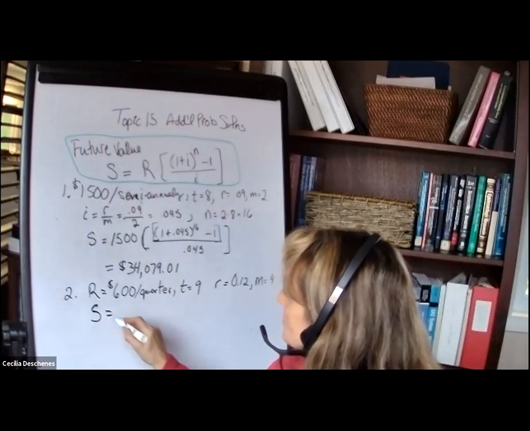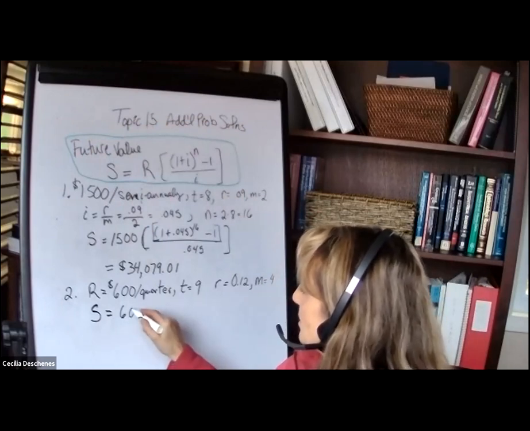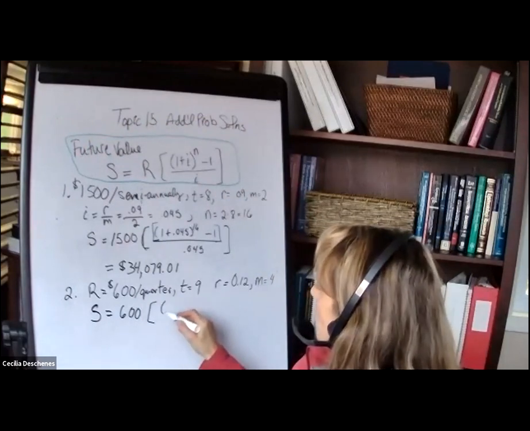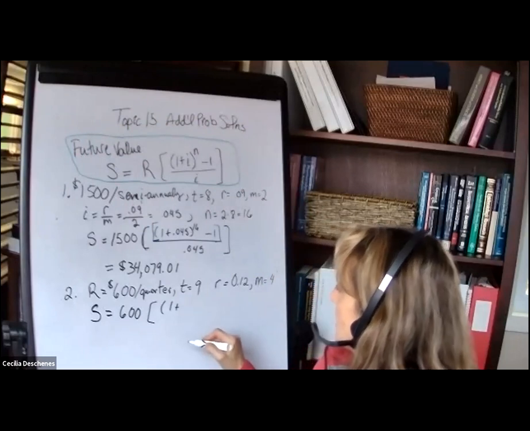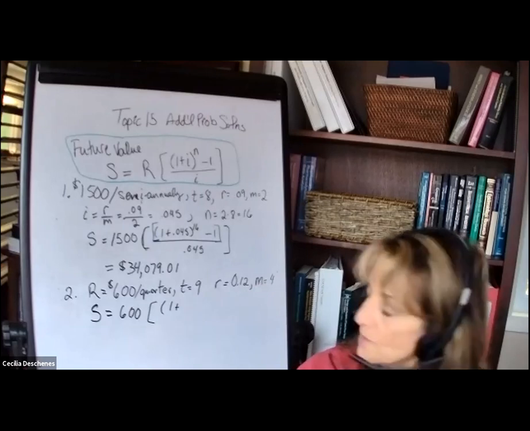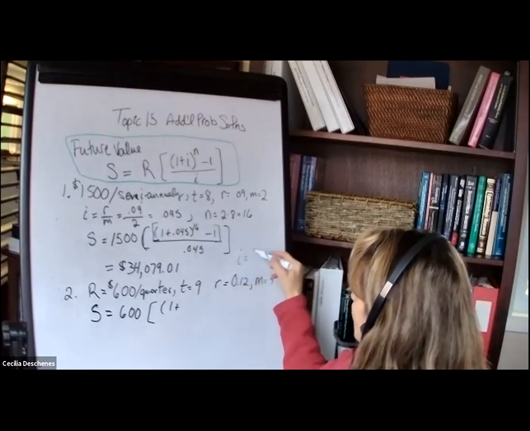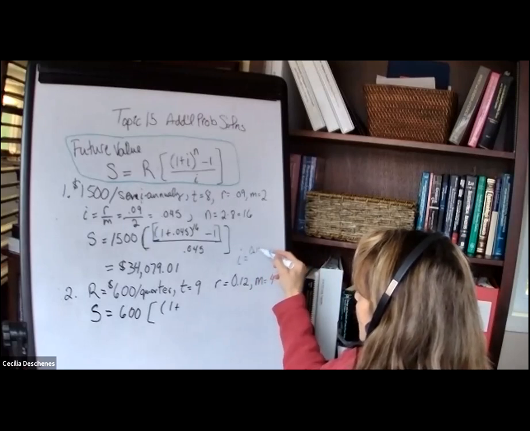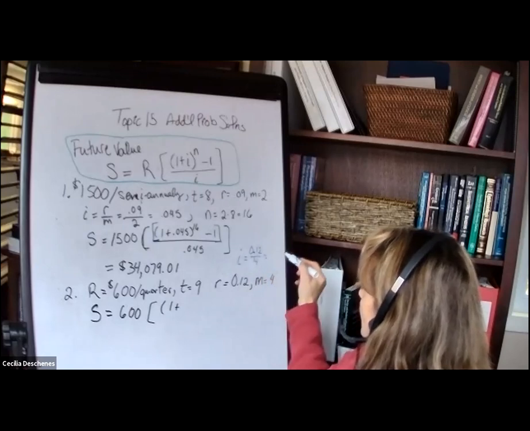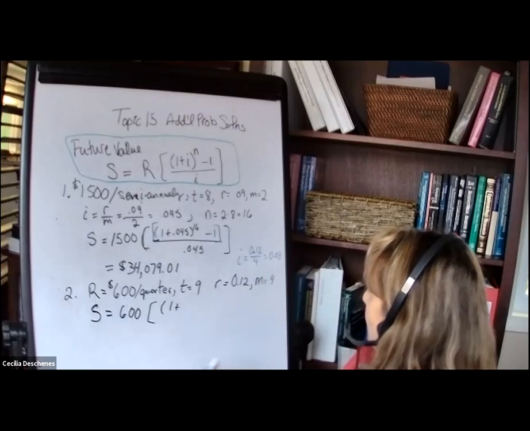So the future value, the sum of that progression, is 600 times 1 plus, and our I, we didn't calculate our I yet. We can come over here and do that. I'll do it in blue. So remember I is going to be the R, so 0.12 for 12% divided by 4. Okay, so that's going to be 0.03.